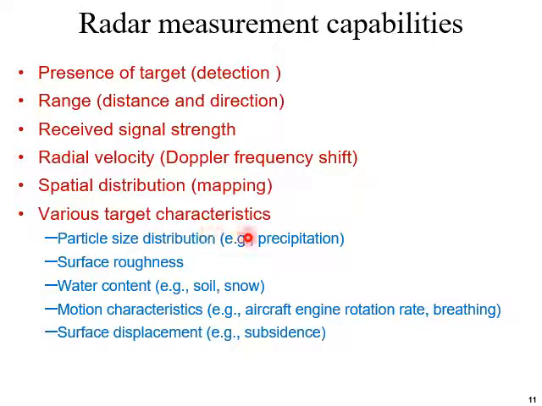Various target characteristics like particle size distribution, for example precipitation, surface roughness, water content of soil, snow, etc. Motion characteristics like aircraft engine rotation rate, breathing of some living things. Surface displacement, for example subsidence.